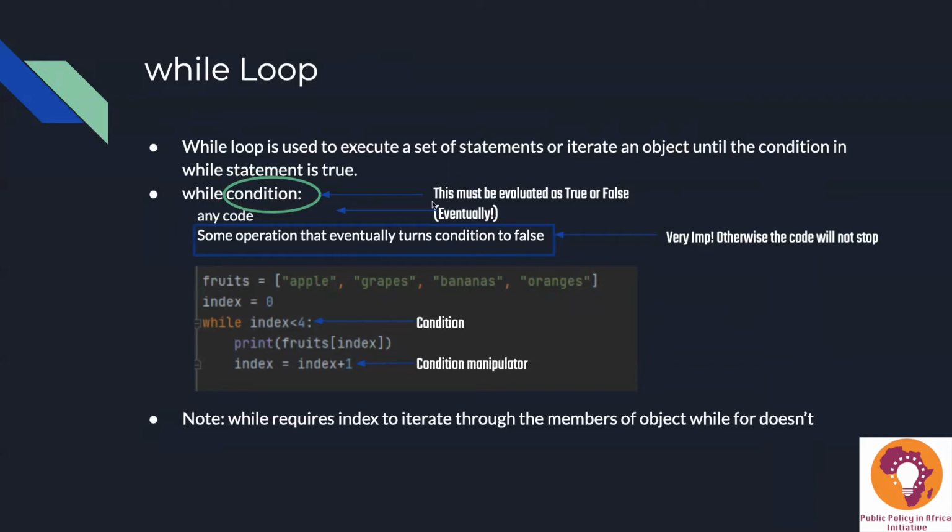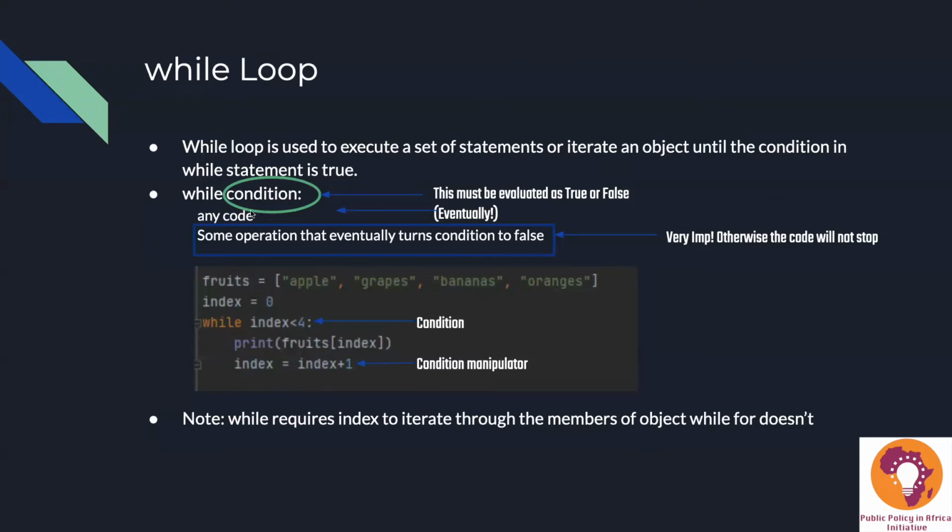The condition here must evaluate as true or false, so we want a Boolean expression in the condition. Just like in an if statement, you would have some sort of Boolean expression go here, and then any code.